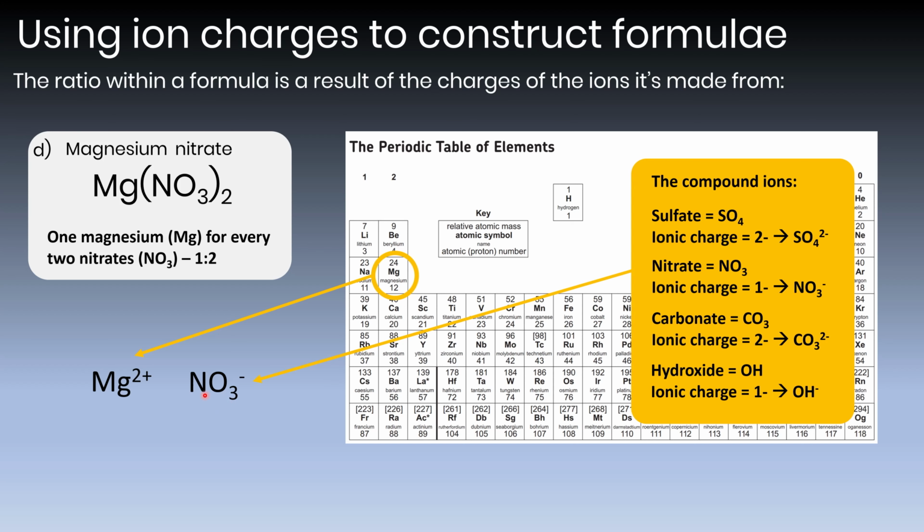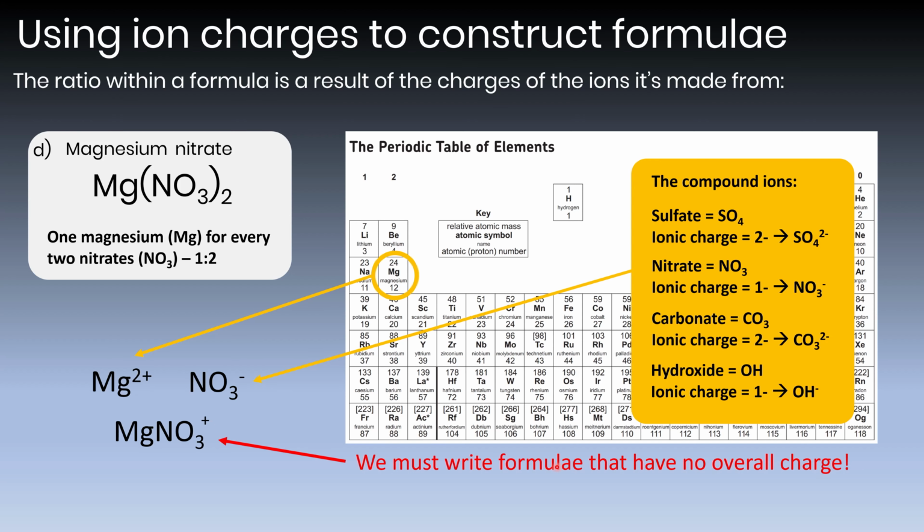It has one nitrogen atom, 3 oxygen atoms, with a 1- charge overall. If I paired these two together, I would end up with MgNO3. However, because I've only got 2 pluses and 1-, overall the positives of the magnesium would almost shine through. Imagine it like that. So this thing would have an overall positive charge.